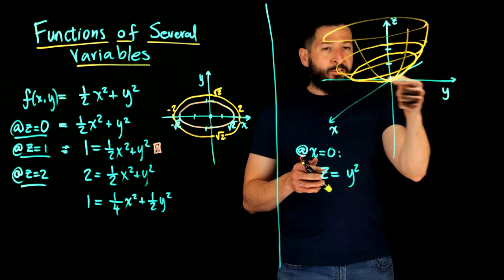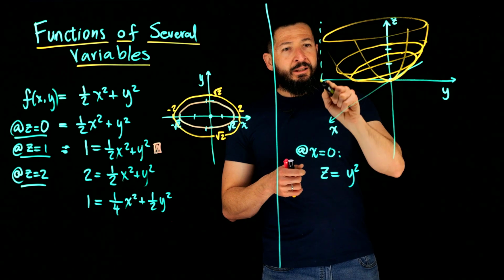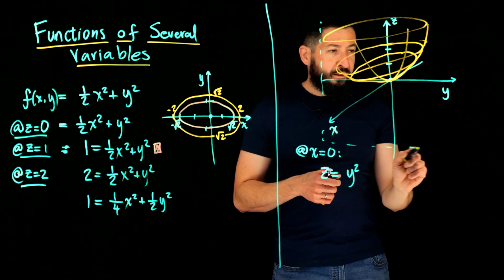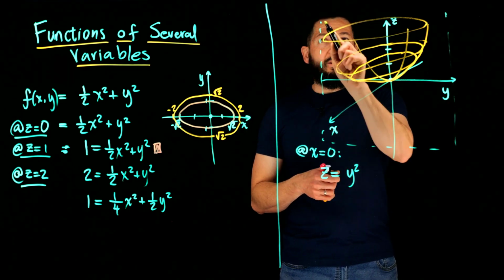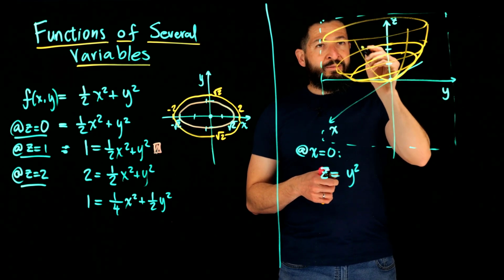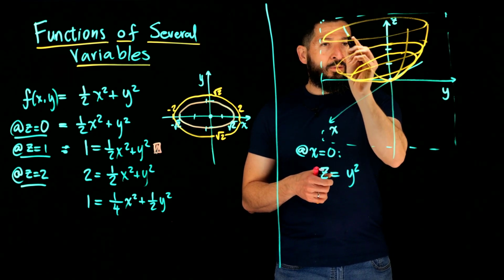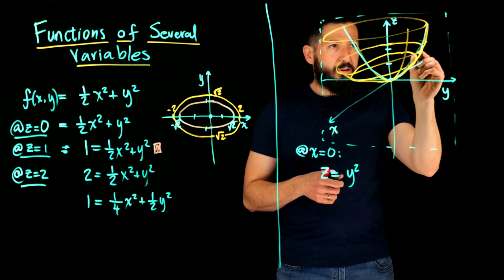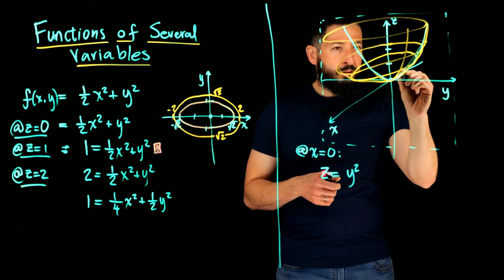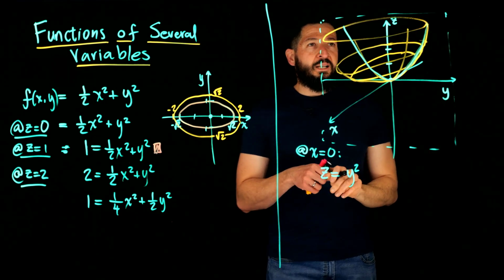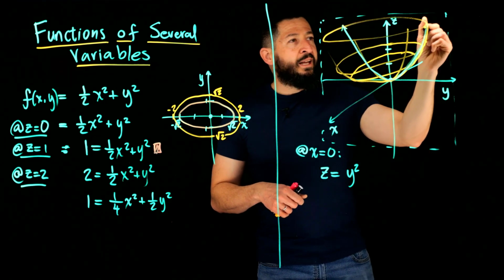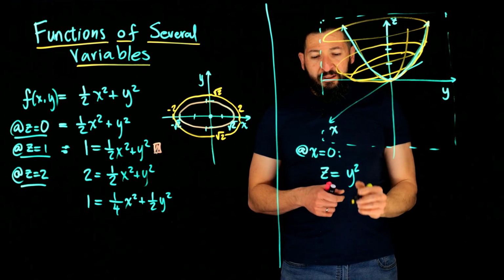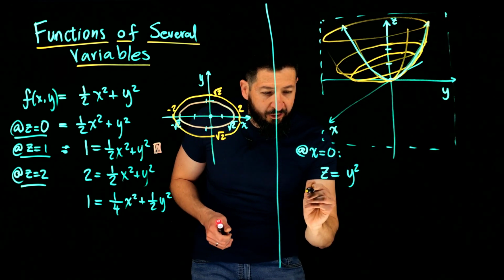So you're going to have x equals 0, so you're fixing the yz plane there, and there you're going to have a parabola that is going to go like here. Like so.